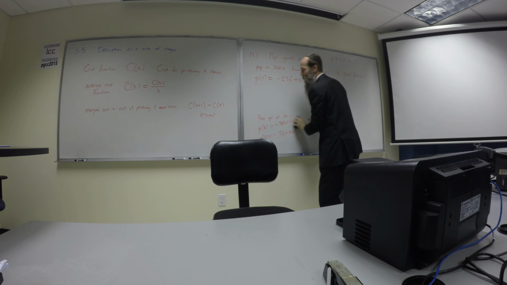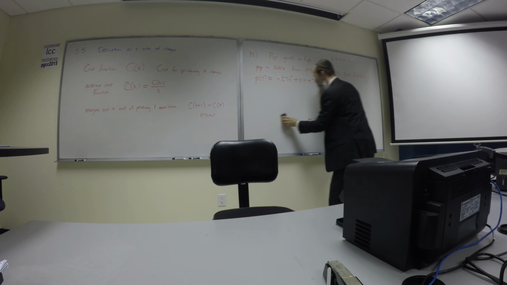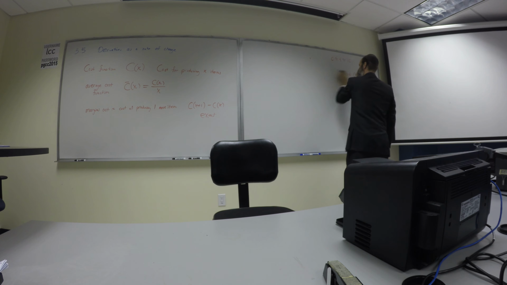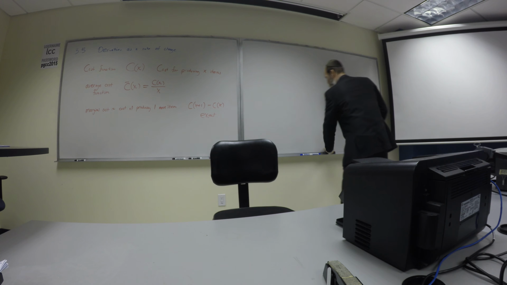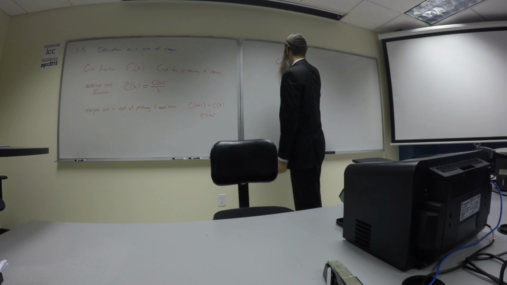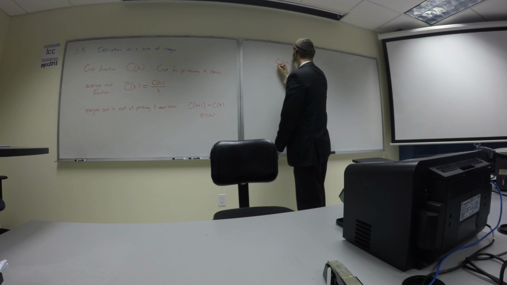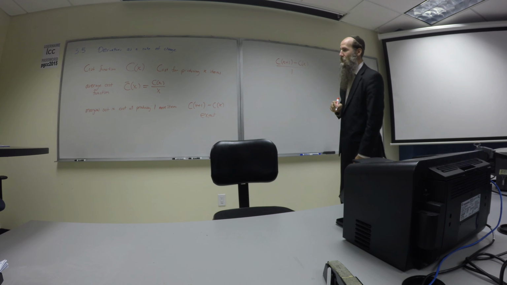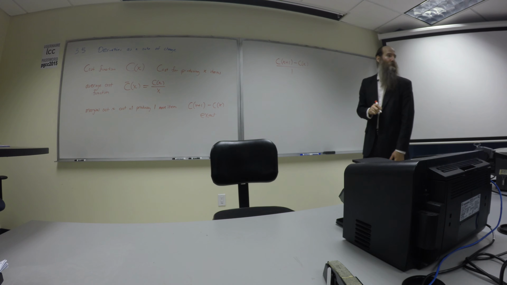Since c(x+1) minus c(x) takes the form of the numerator in the definition of a limit, I can play a little game. If we took c(x+1) minus c(x) and divided it by 1, that's exactly the marginal cost right now. Dividing by 1 does nothing to an expression, right?